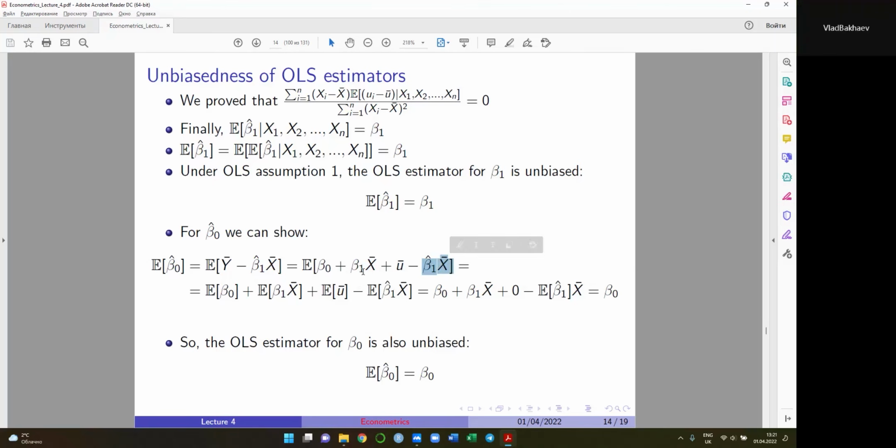Beta 1 is a constant, beta 1 hat is a random variable. Didn't we prove that the estimate of beta 1 is beta 1? Yes, that's what we use here. Expectation of beta 1 hat is beta 1, and then we have this term, and this is also going to be beta 1 x bar, and that's how we cancel them. Oh, okay.